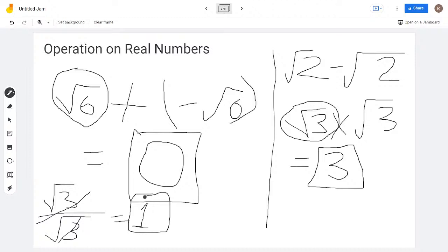So we have seen here the examples of addition, subtraction, multiplication and division of an irrational number with an irrational number and getting a rational number as an outcome, right?